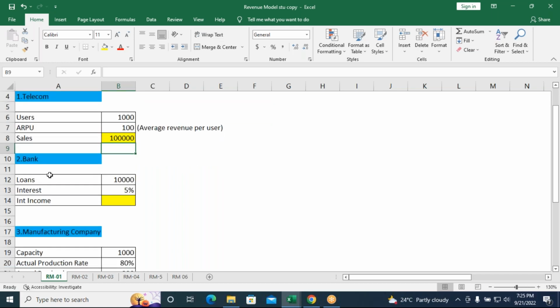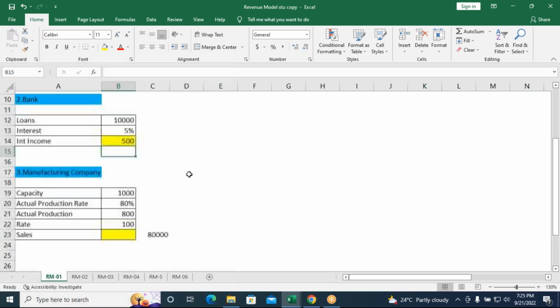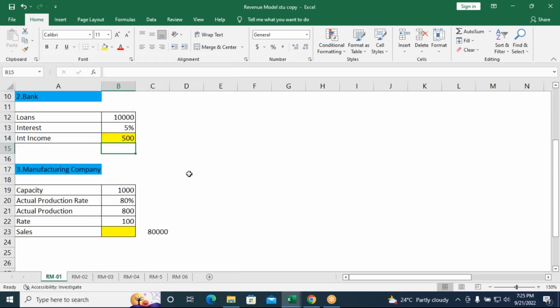When I come to the bank calculation, it is loan amount into the interest rate, so I get the interest income that the bank is going to get. I want you people to do this third one and tell me how the calculation is done.